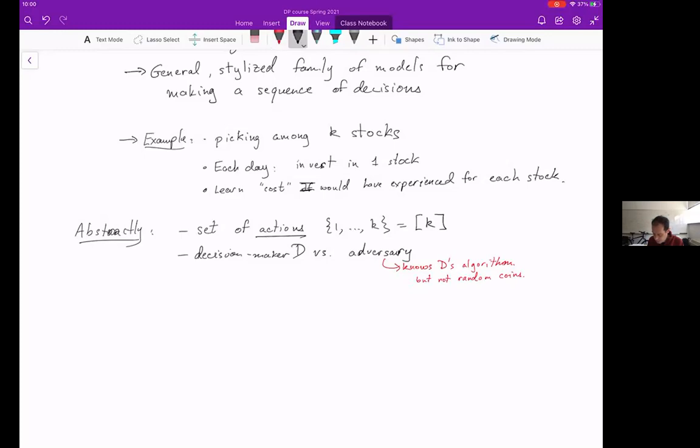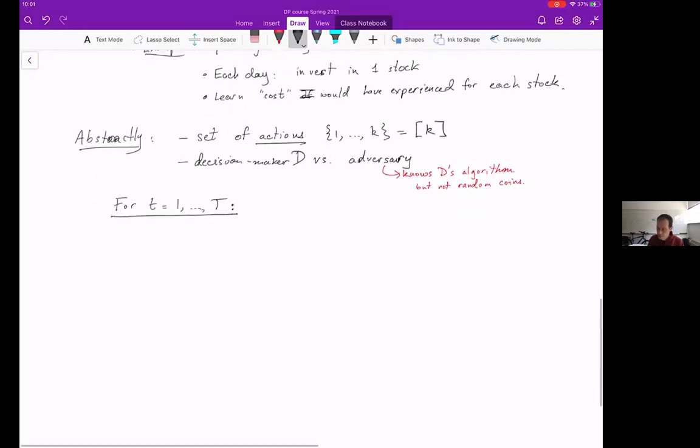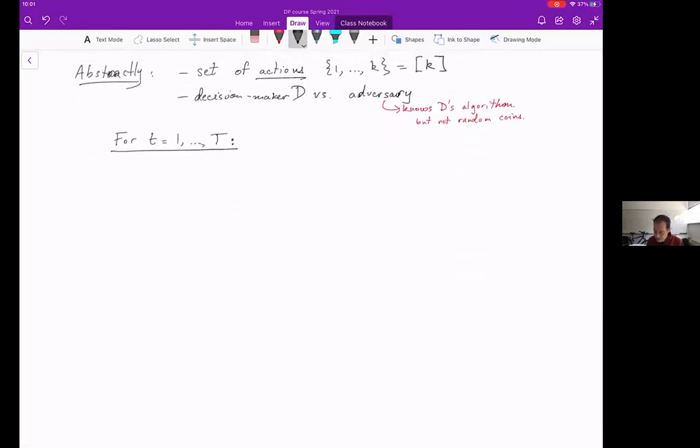So we're going to set up a game between these two players that will proceed for big T rounds. The rounds are numbered from 1 to T. And in each round, D is going to choose not quite an action yet, but it's going to choose its distribution on actions. So it's going to choose a distribution P_t, the distribution for that day.